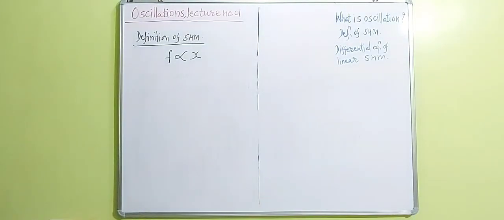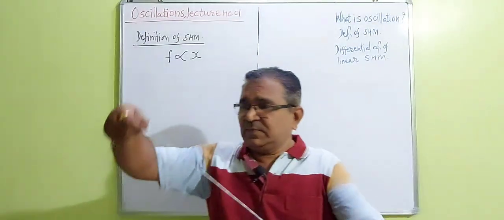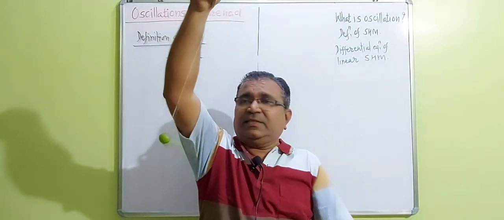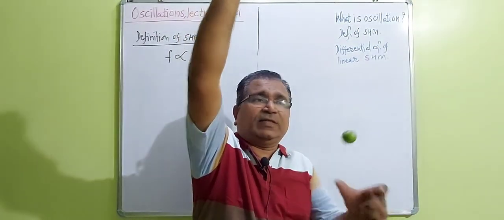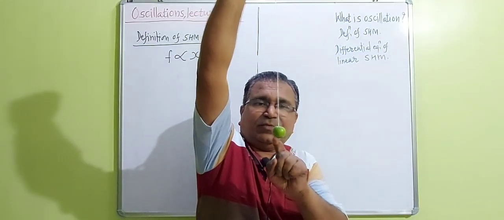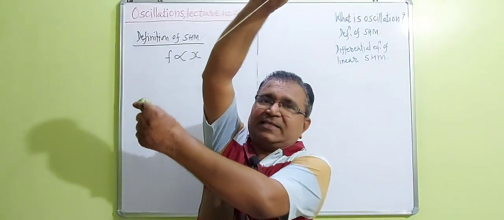See here, this is the oscillation. This is the mean position of the particle. This is one extreme position, and this is another extreme position.